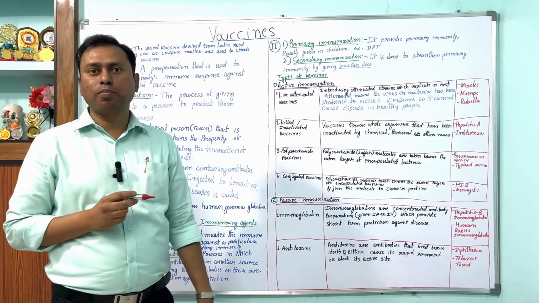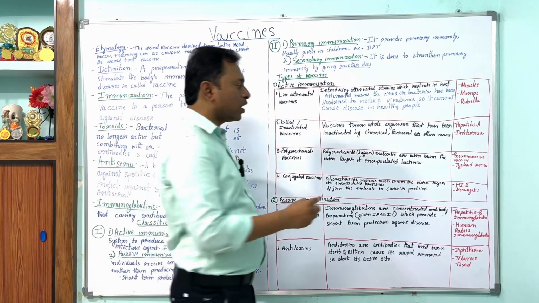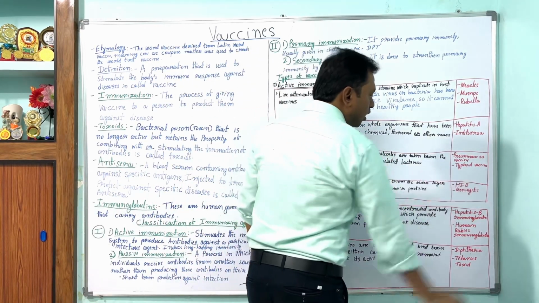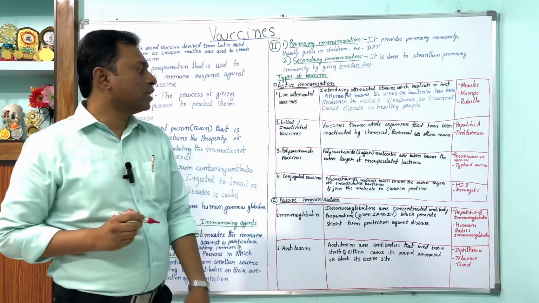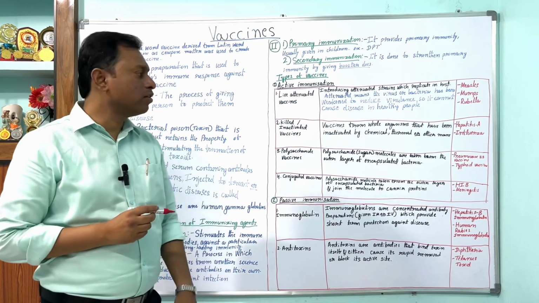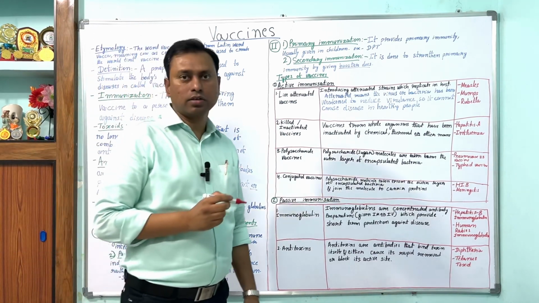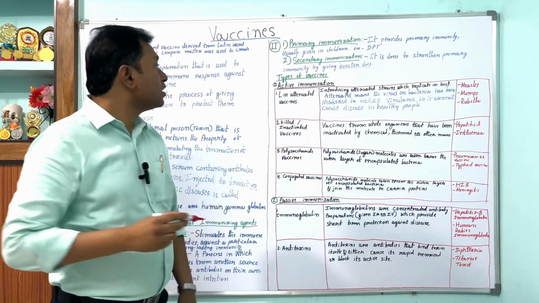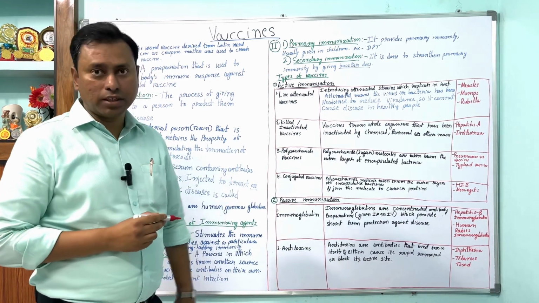Very common examples are the Haemophilus influenzae type B vaccine and the meningitis vaccines. These are the active immunizations.